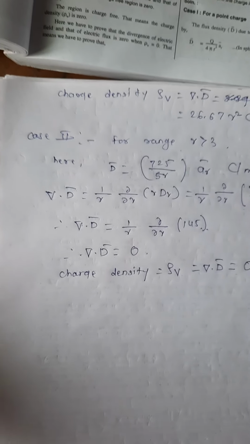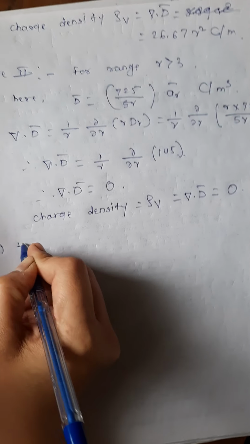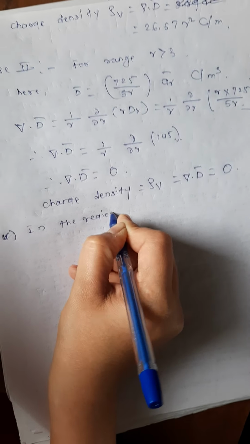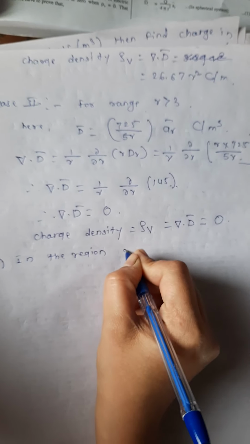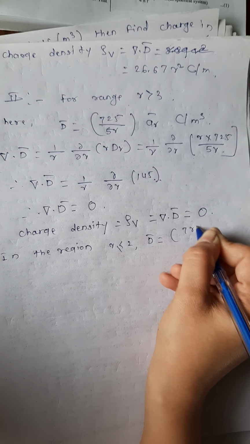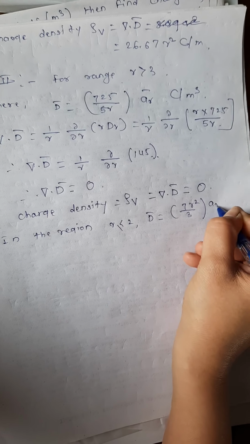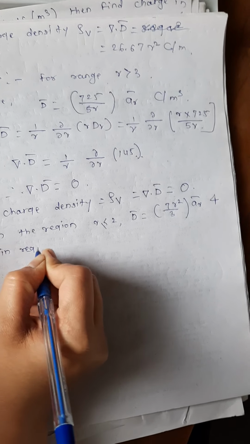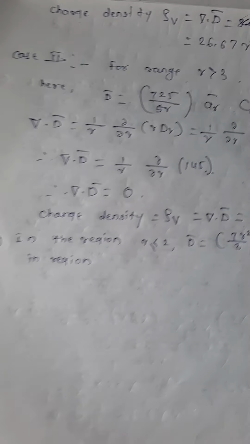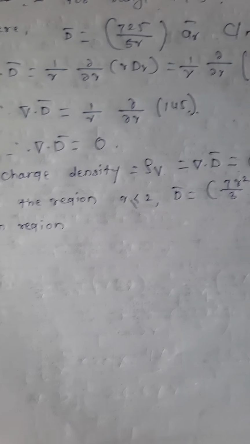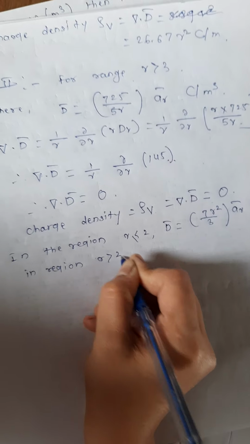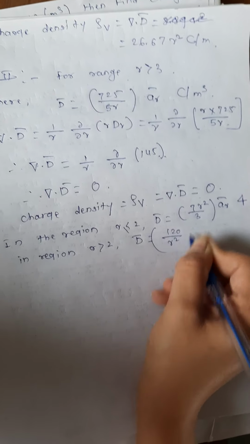Next problem. So in the region r less than 2, D bar is equal to 7r square by 3 ar bar, and in region r greater than 2, the D bar is given as 120 by r square ar bar.